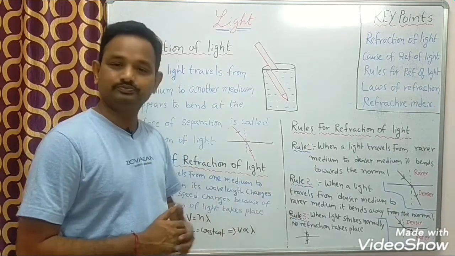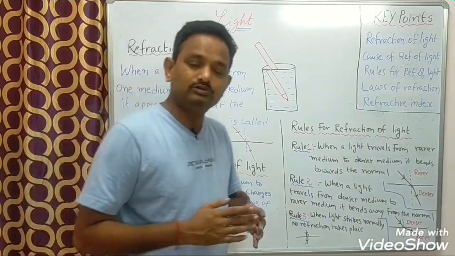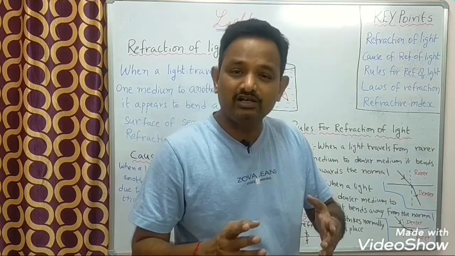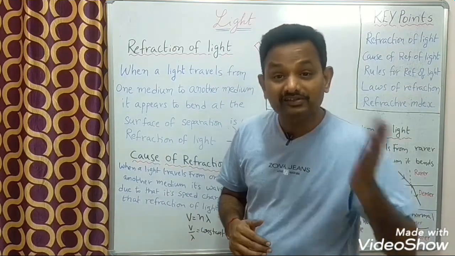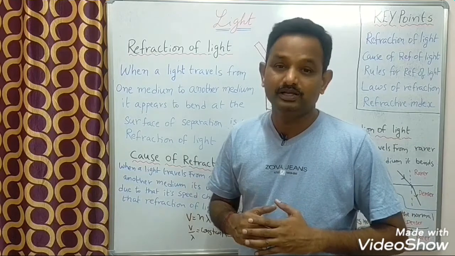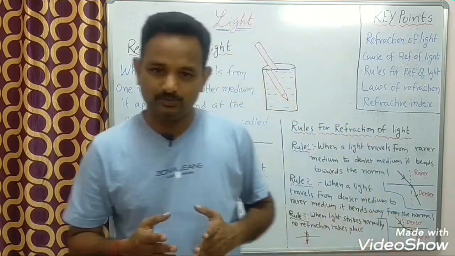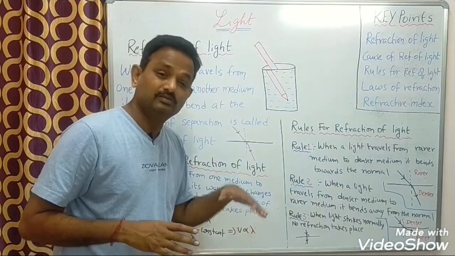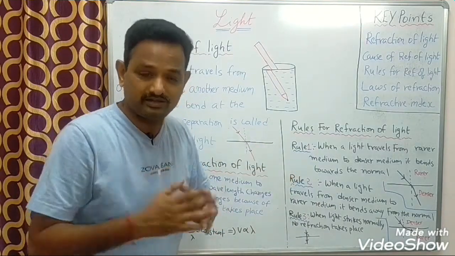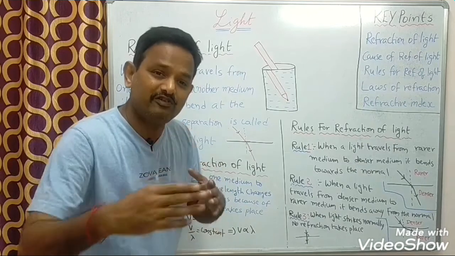Next, rule 2. When light is traveling from denser medium to rarer medium, it bends away from the normal. For suppose, light is traveling from glass to air, it bends away from the normal.